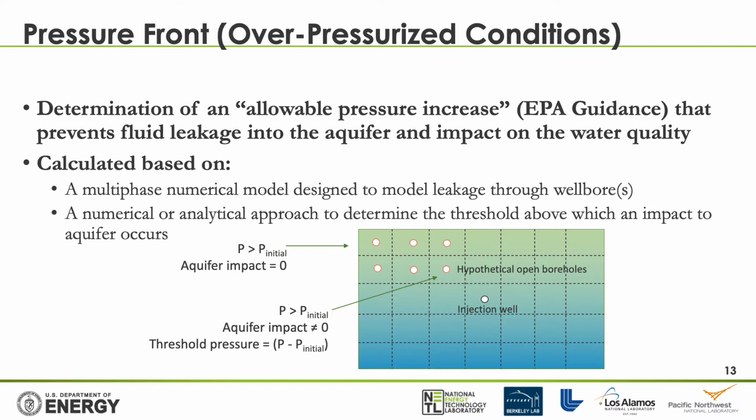It can be calculated based on a multi-phase numerical model designed to model leakage through wellbores and a numerical or analytical approach to determine the threshold above which an impact to an aquifer occurs. So we propose to place hypothetical open boreholes across the site and determine whether an aquifer impact would occur or not at each location.